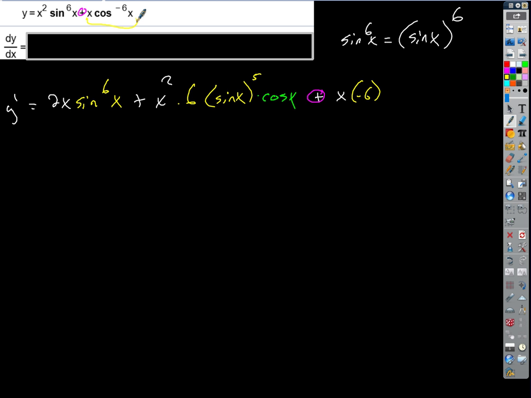Times this side, just cosine, what's the power going to be? Negative 7. Negative 7, there you go. Cosine to the negative 7th of x plus... oh, whoops, yep, sorry, we missed a step, didn't we? Times the derivative of the cosine, which is negative sine, there you go, good. Plus, good, there you go, times 1, okay?